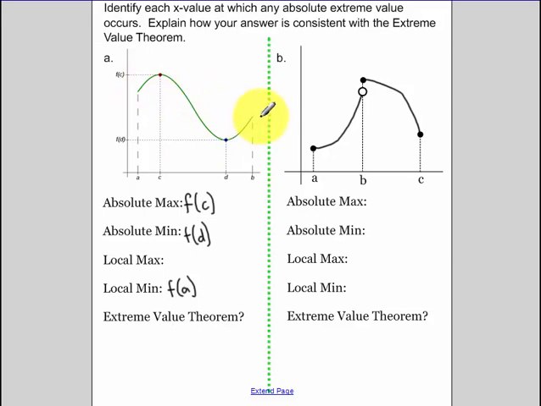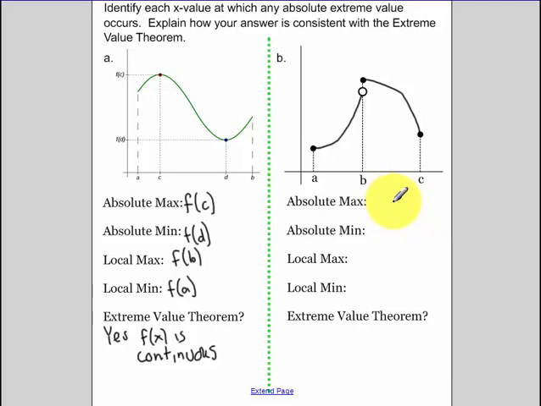And here, f of b would be considered a local max because it is higher than all the points surrounding it. And yes, this holds true for our extreme value theorem because f of x is continuous on the interval. Okay, and that was a key thing from the extreme value theorem. Your function has to be continuous.